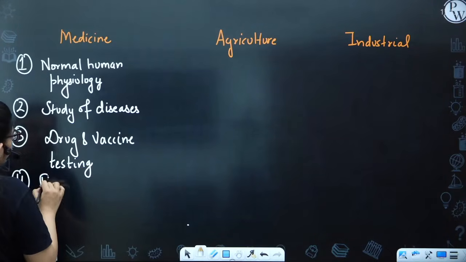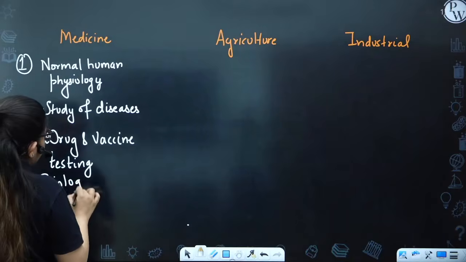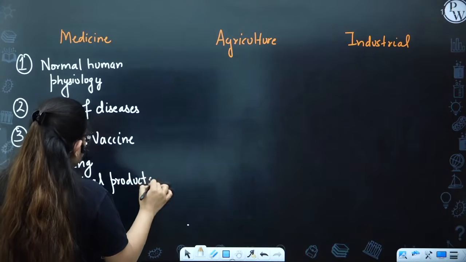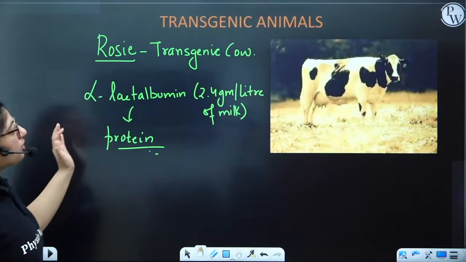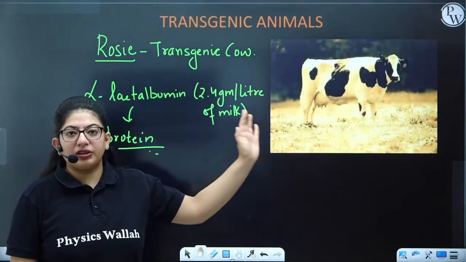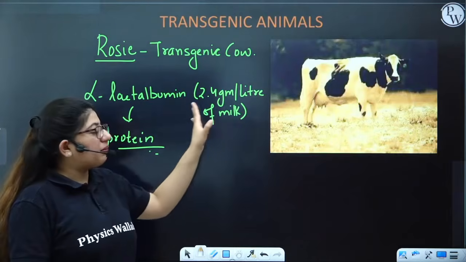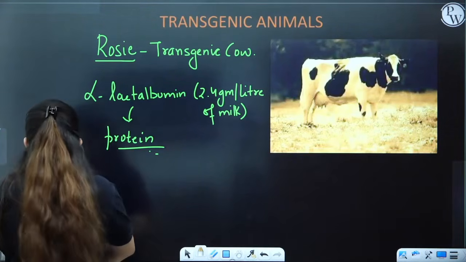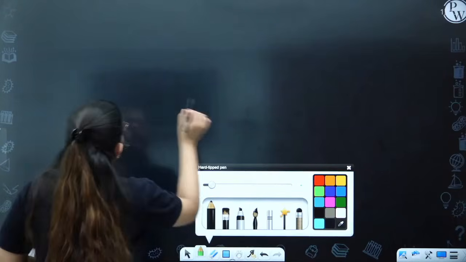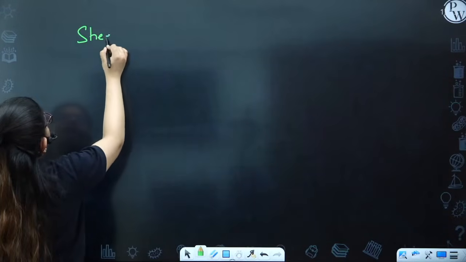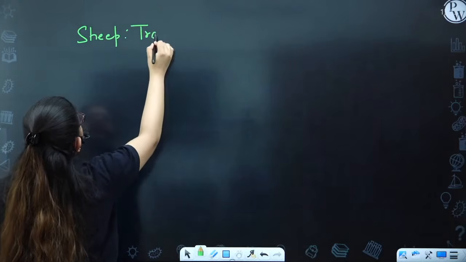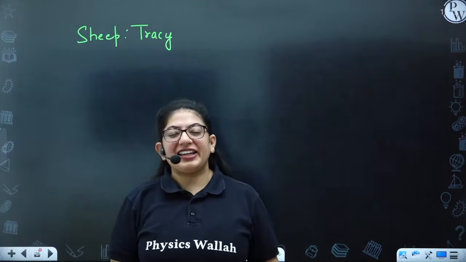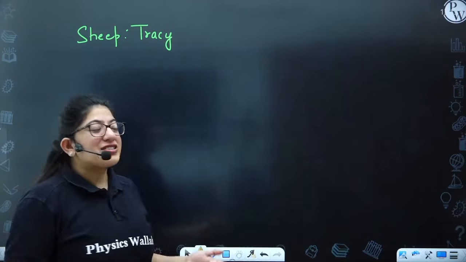Otherwise, also for biological products, for example, we have made Rosie. And Rosie was producing a lot of milk. Okay, apart from this, we have also made a transgenic sheep. And its name is Tracy. Okay, how cute a name. The cow was Rosie and the sheep is Tracy.